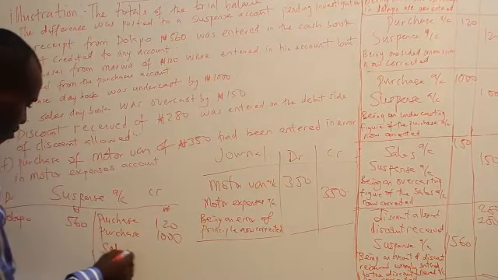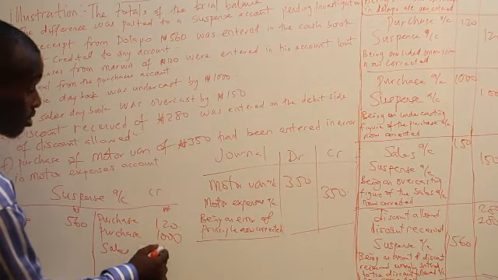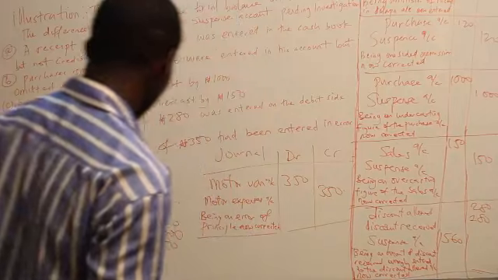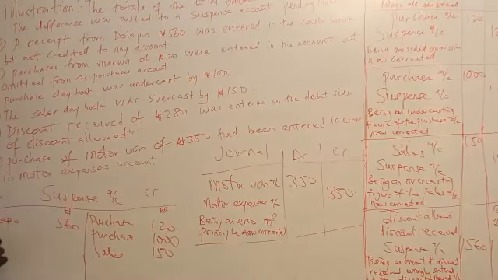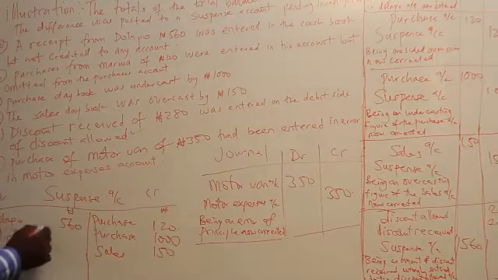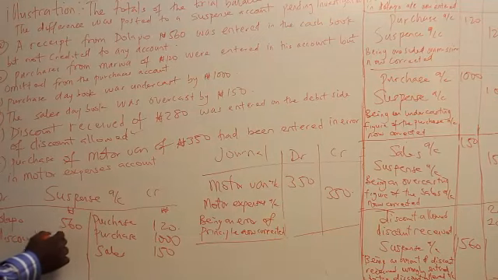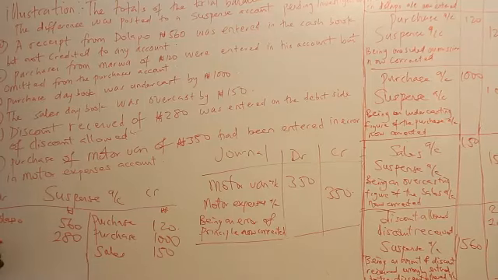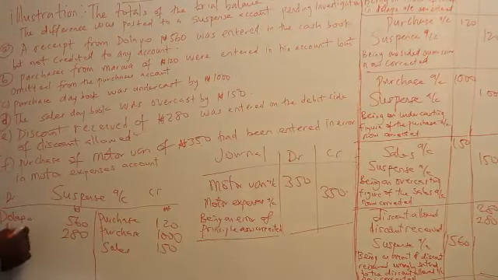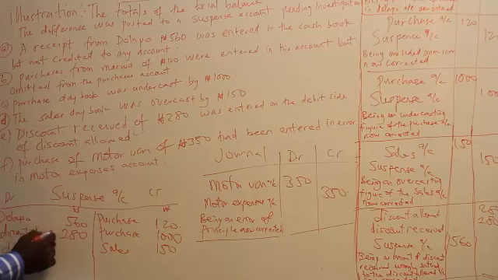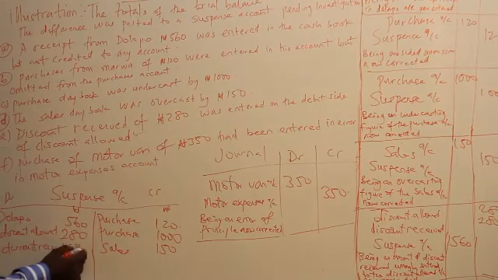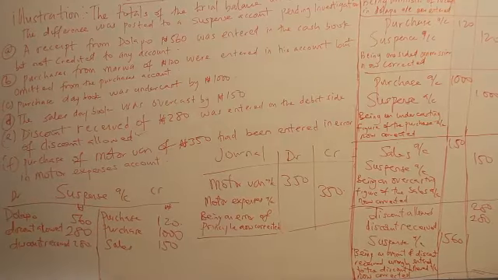We have sales. That is going to be 150. The next thing we have, suspense account should be debited. So we are going to have discount allowed debited with 280, and discount received 280. So I think that is all.